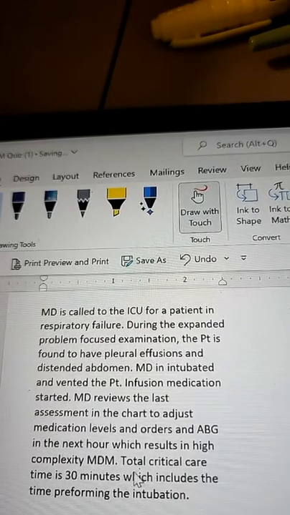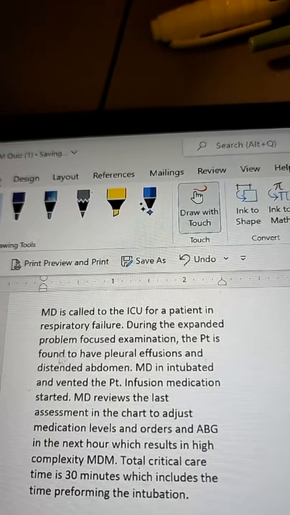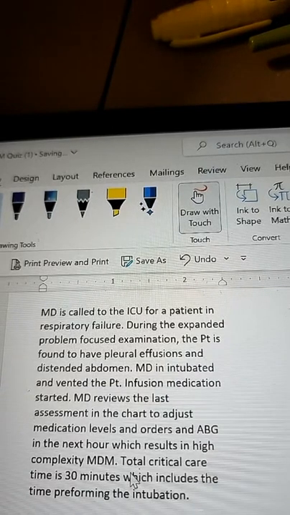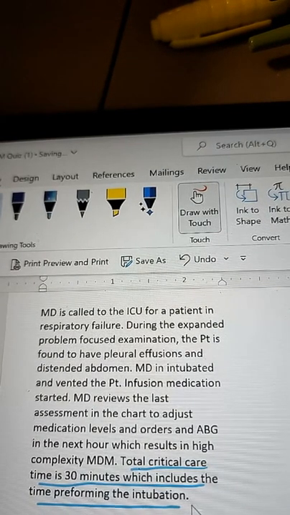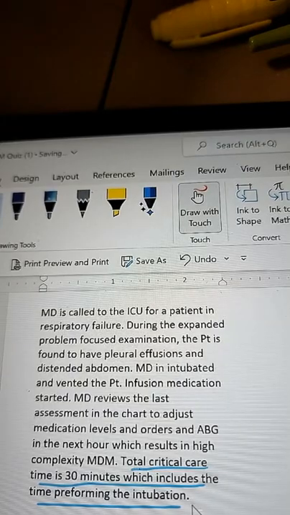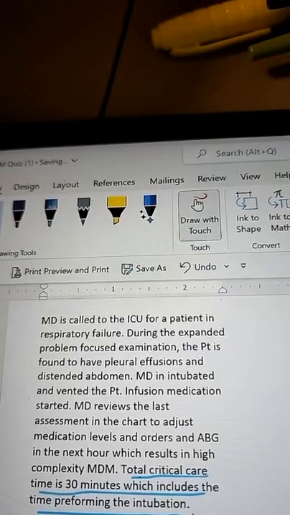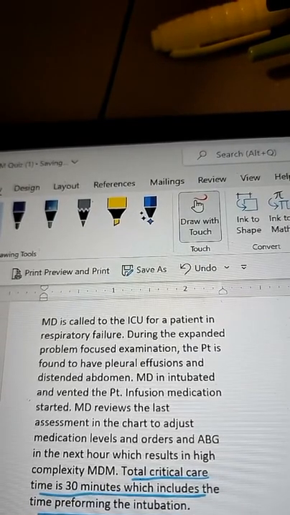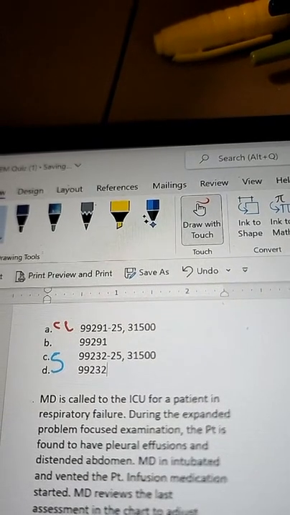So I look down at the bottom to see what we're supposed to be coding, because a lot of times, a lot of this is filled with garbage. So total critical care time is 30 minutes, which includes time for intubation. So are we critical care or subsequent hospital visit?